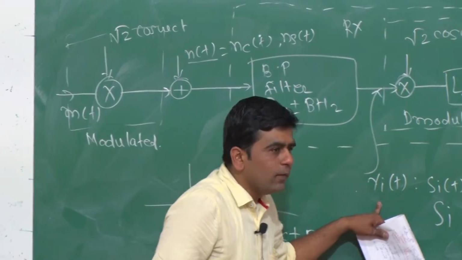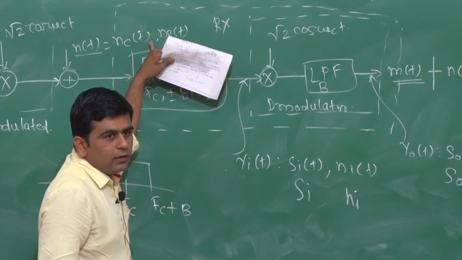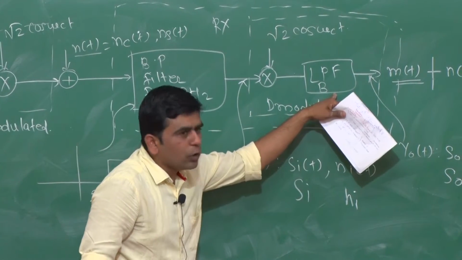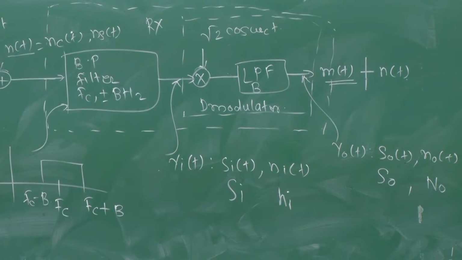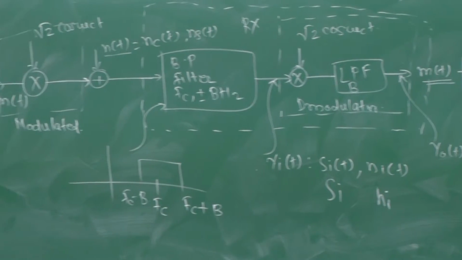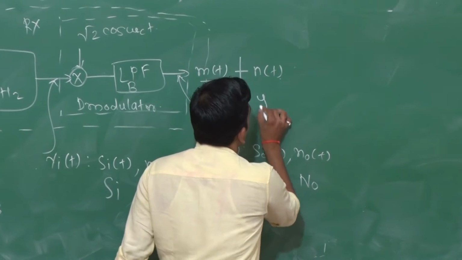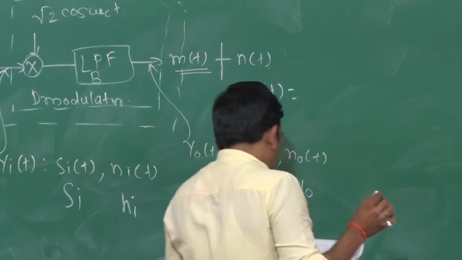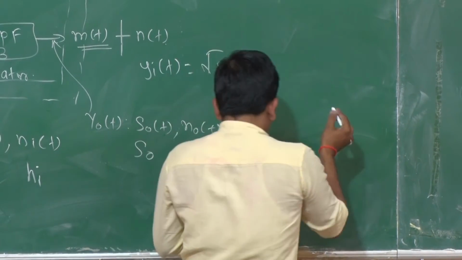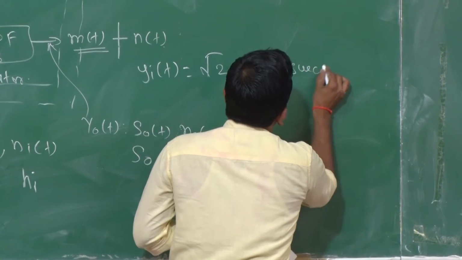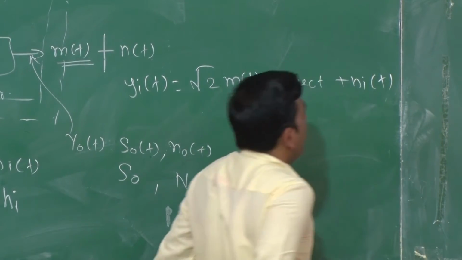At this point we will get the input signal root 2 cos omega ct and the in phase component, which is input to your low pass filter. So here write down yi of t, the input to the demodulator: y of t is given as root 2 m of t cos omega ct plus ni of t.